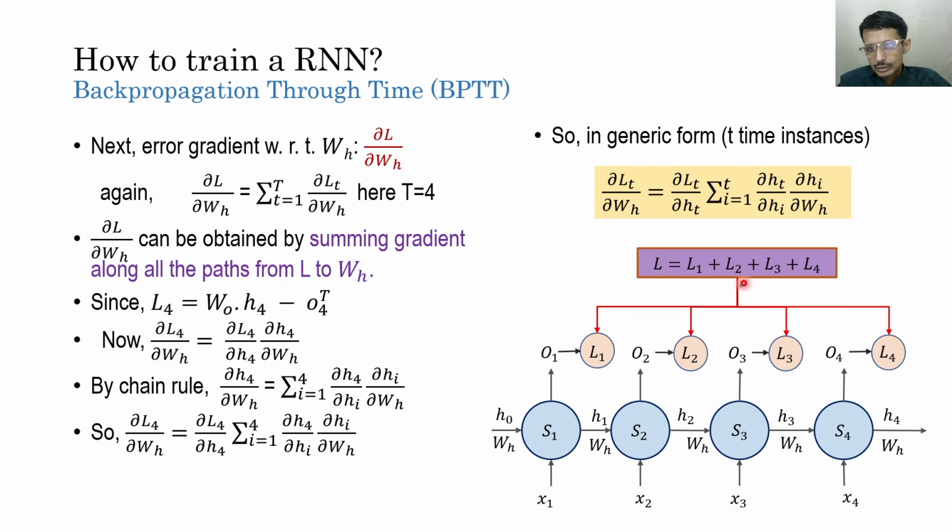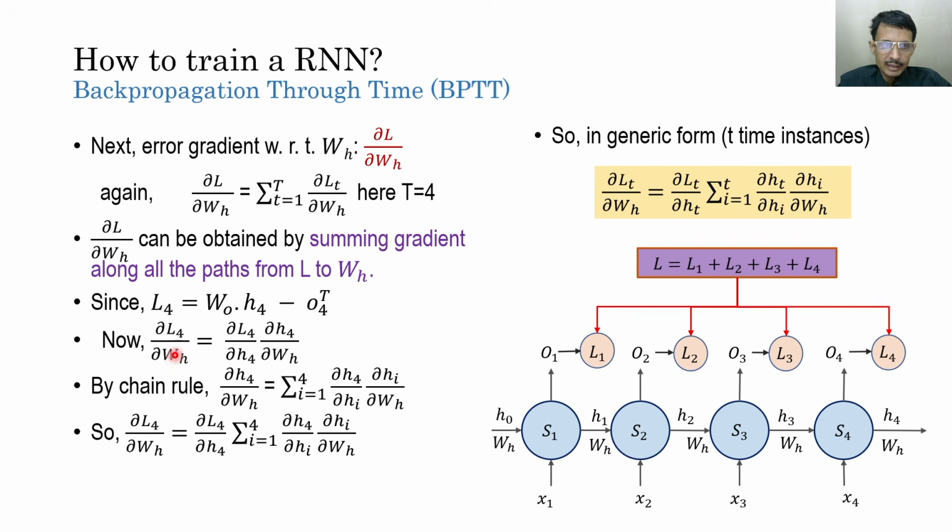Now, what is L4? Just take the first thing, which is Wo into H4. It's very easy to understand. This L4 gradient is H4 times (O of t minus xt). That is the basic error, the L4.